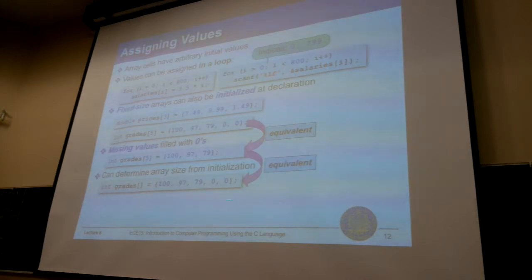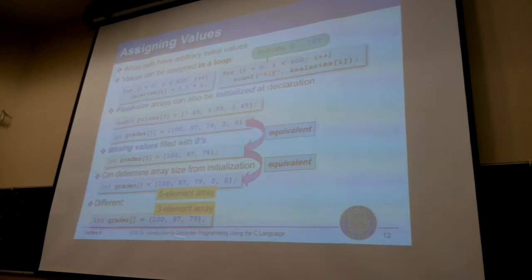So all three of these lines of code are functionally equivalent. However, this example would obviously be different, right? Because, again, C needs to use the initialization to decide how big the grades array is. So this will be a 5-element array, and this declaration and initialization will result in a 3-element array.